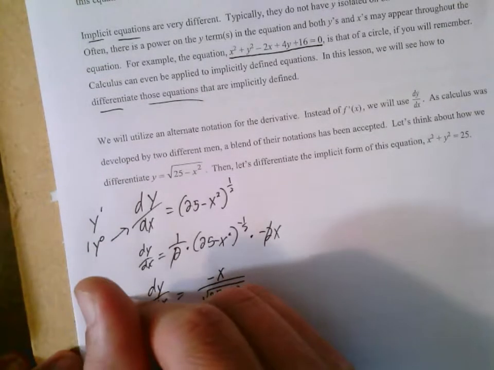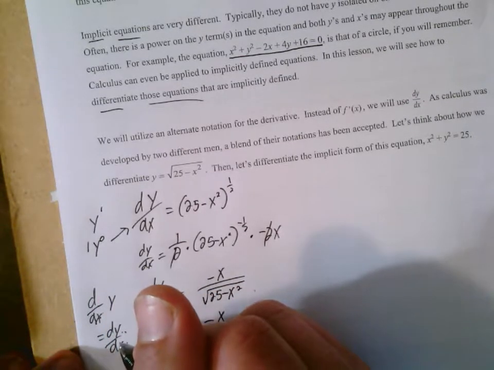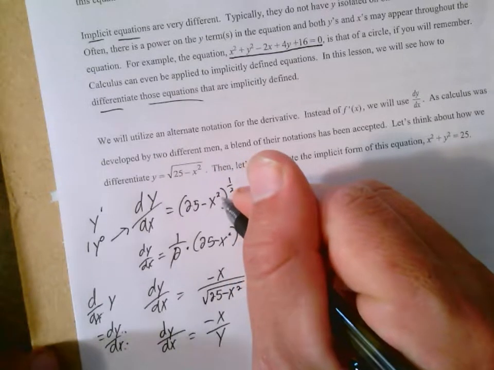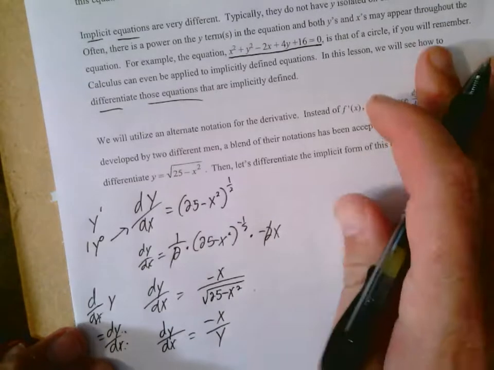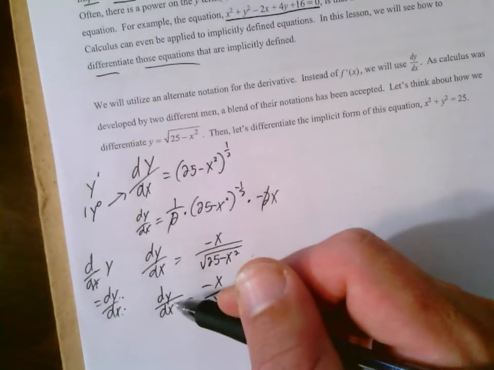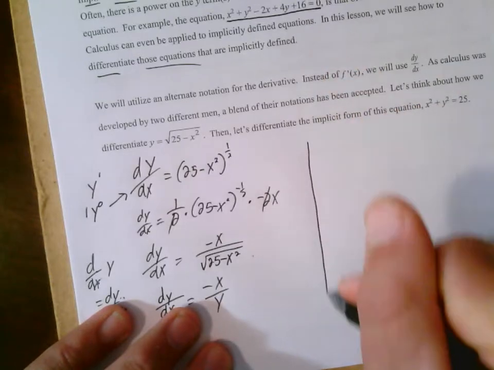We differentiated y with respect to x, dy/dx. We differentiated x with respect to x, so you don't have to put it over here. So that's kind of a quick explanation of where this comes from. If you don't remember how, just remember what to do.